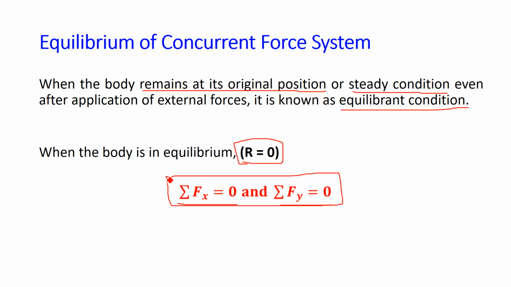Now if the body is in equilibrium, in numerical examples, the question is asked to determine some unknown forces. So we will solve one numerical example to understand how to apply equilibrium conditions.